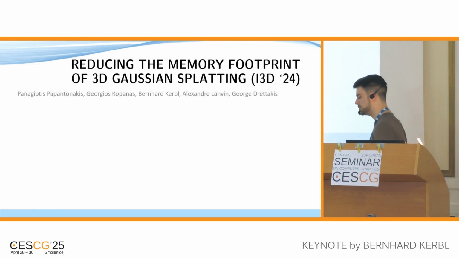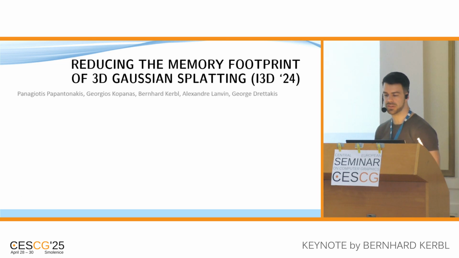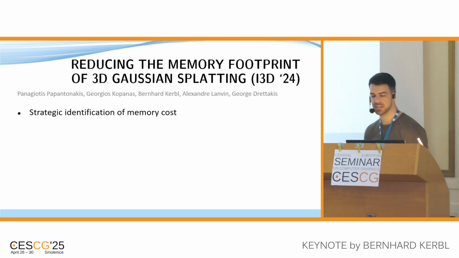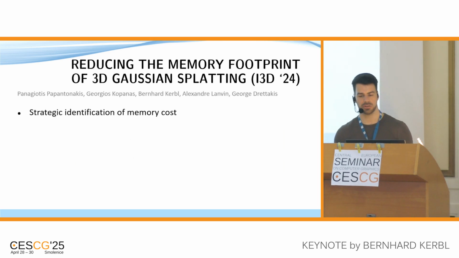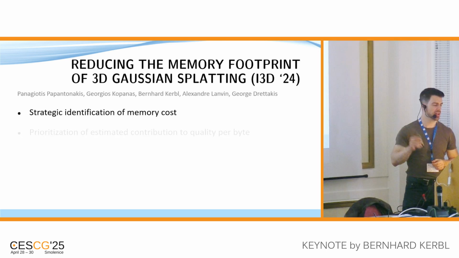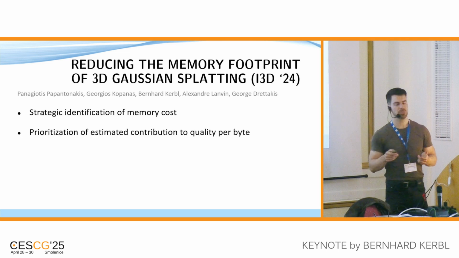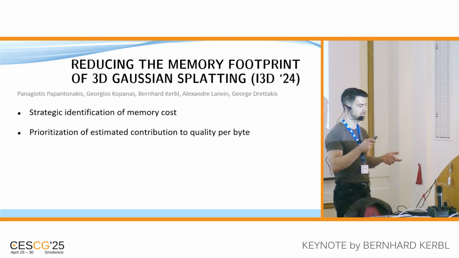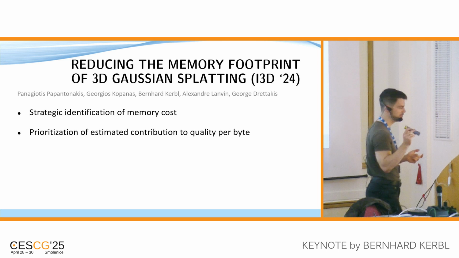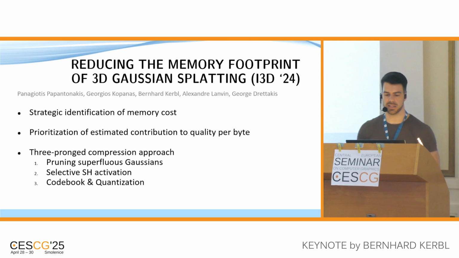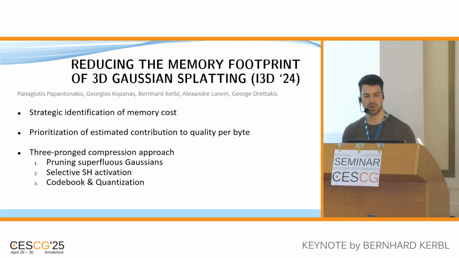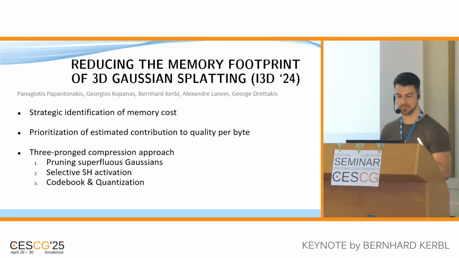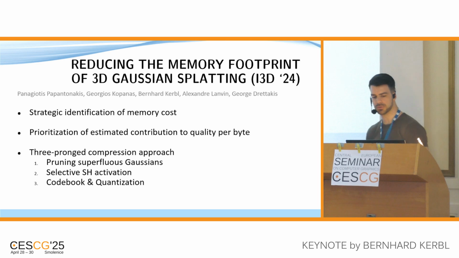Now this brings us to continual work that we did with INRIA, where we were looking at how we can strategically identify the memory cost and then bring it down by prioritizing the estimated contribution that each byte in these attributes makes to the total image quality. We came up with a three-pronged approach where we used a method for pruning superfluous Gaussians.